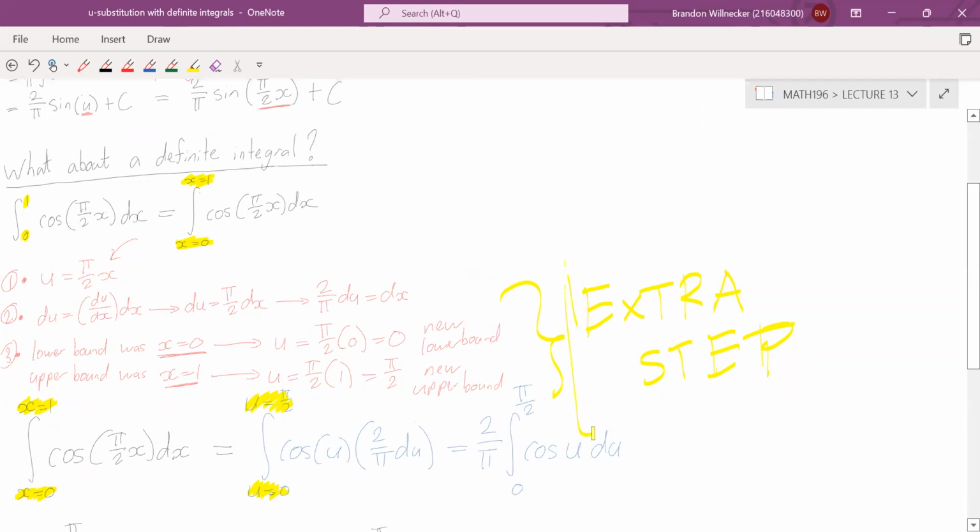So here I'll put big: this is the extra step that we need to do, is changing the bounds. So here we can see with this example here, the old bounds were 0 to 1. Those were the x bounds. Now the u bounds go from 0 to pi over 2. Okay, so please go back to lecture 13 if you want to go over that again.